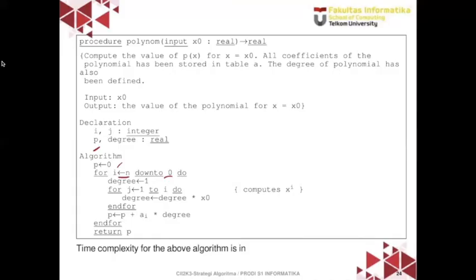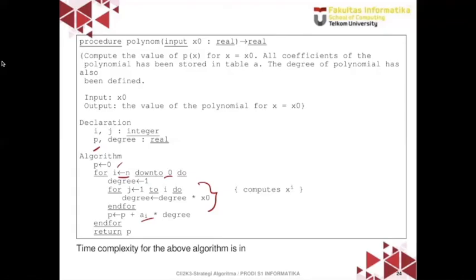So from x to the n, we first compute x to the n by doing this algorithm. We multiply 1 with x0 n times, and then we multiply it with an, and we add it to the result, and so on until we do it to a0.